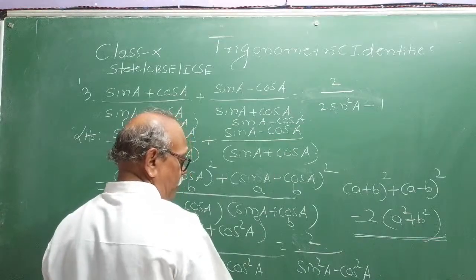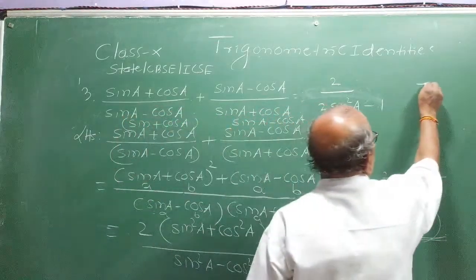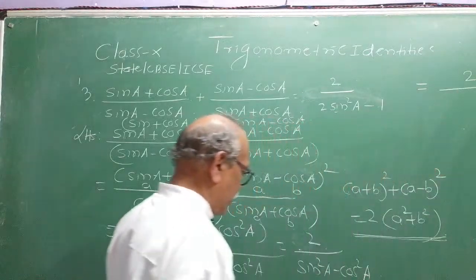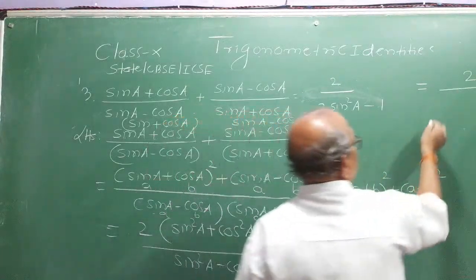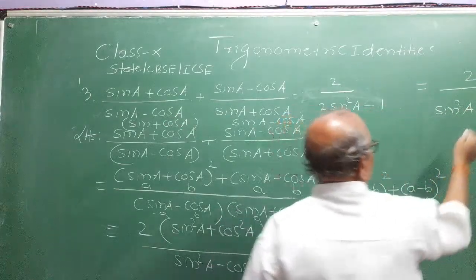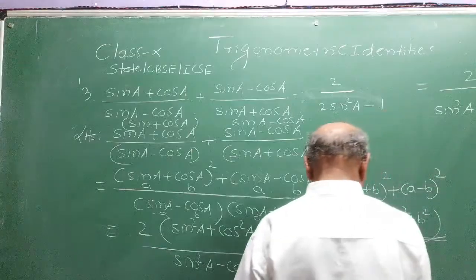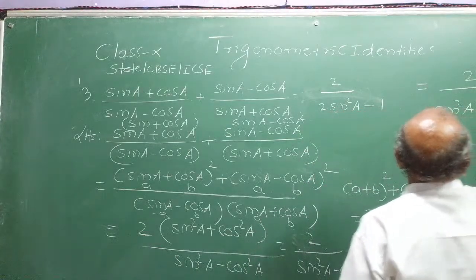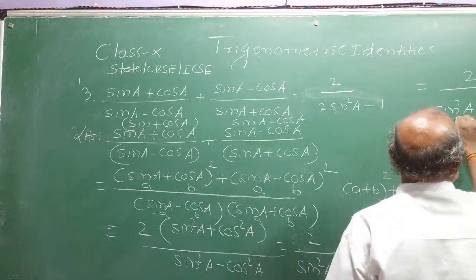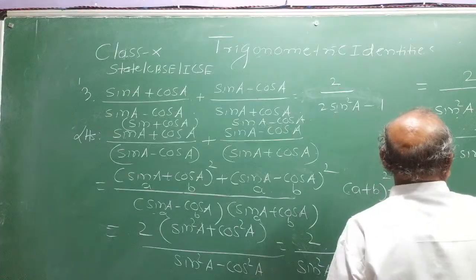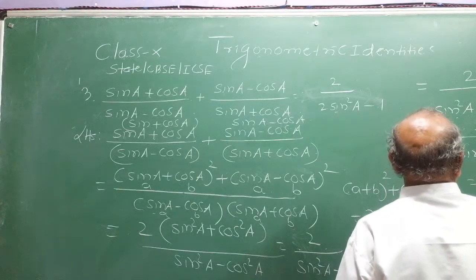You have to learn them, then only you can get speed in solving problems on identities. You get sin square A, minus into plus is minus 1, minus into minus becomes plus sin square A. You get 2 divided by sin square A plus sin square A, which becomes 2 sin square A minus 1, that is equal to RHS.